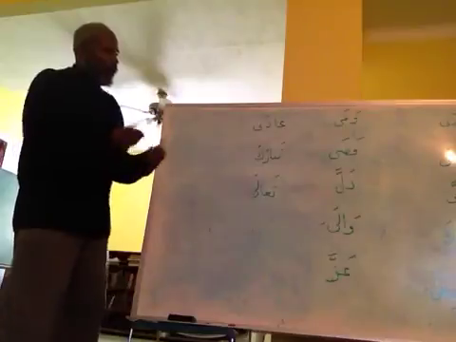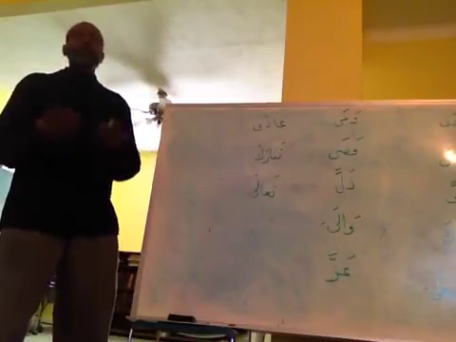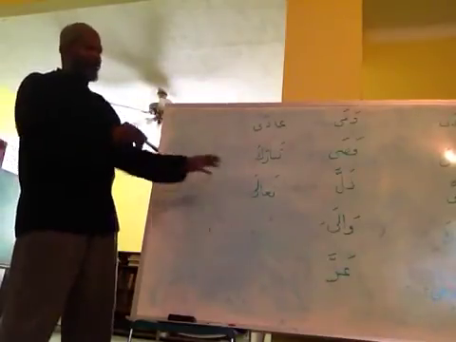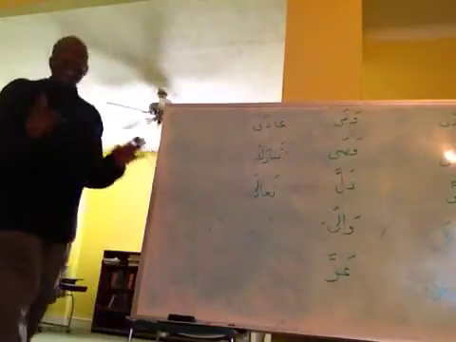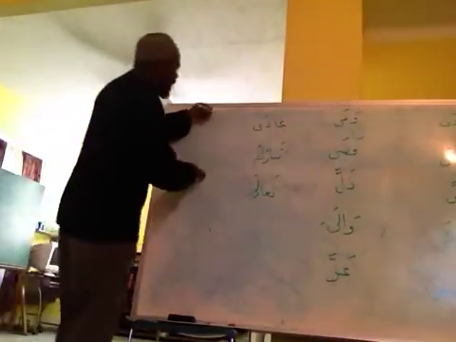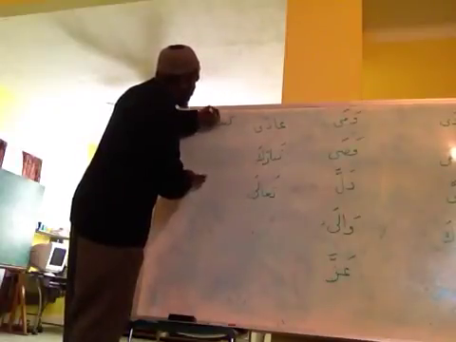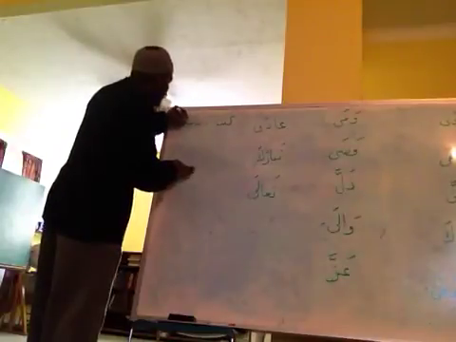So we always talk about the basic things. Right now we've really been studying the basic verbs, even with the different forms. When we say a basic verb, we talk about a verb like kataba, like jalasa.